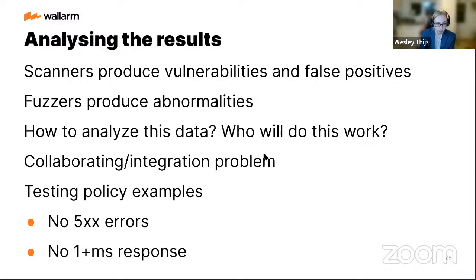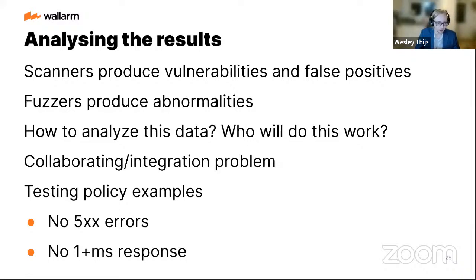Analyzing the results. Some of these scanners will produce vulnerabilities and false positives. False positives can be a really big problem because they can waste a lot of time. Some fuzzers produce abnormalities. So how are we going to analyze all of this data? Because it's a lot of work, and of course, we don't want to move this off to our intern if a computer can do it. So we also have the collaboration/integration problem.